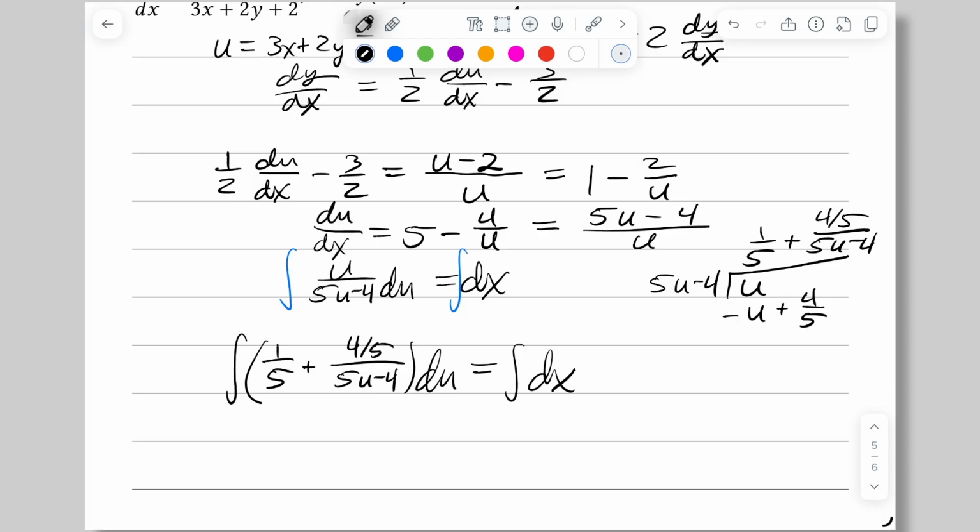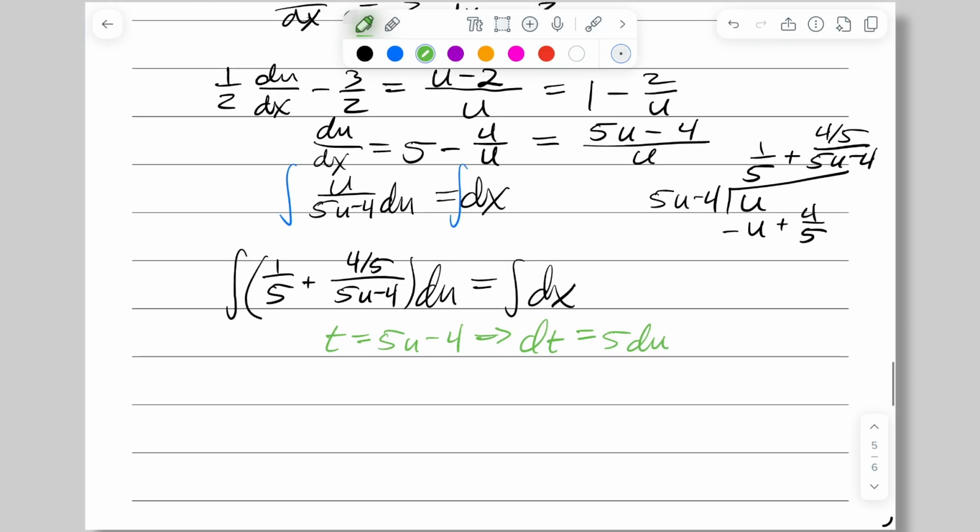In the integrand with respect to u, that 5u - 4, well, we're going to use a substitution rule. I'm going to let t equal 5u - 4, which gives us a dt. I'm so used to writing a du. dt is 5 du, and so we see we need to multiply and divide 4/5 by 5.